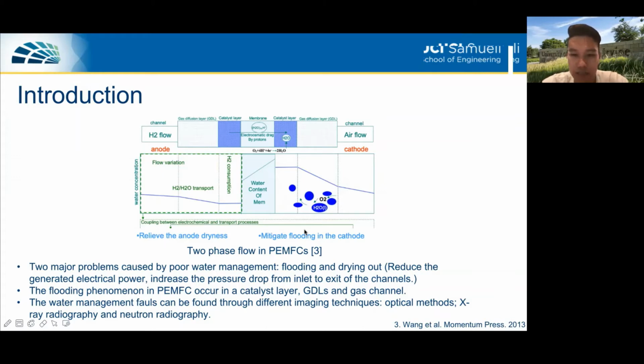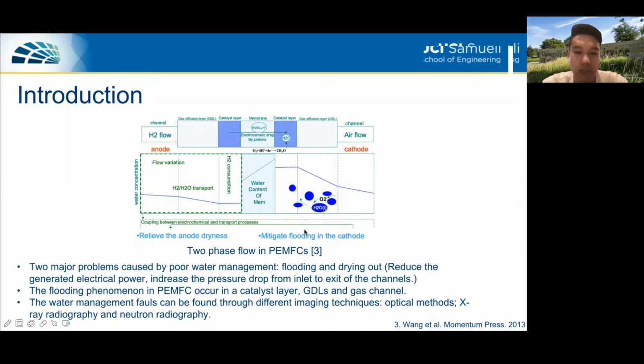The water content directly affects the protonic conductivity, but excess water will lead to flooding of the electrode and blockage of the gas flow channels, hindering the reactant gas transport and supply. So probing the water content in an operating fuel cell is important.